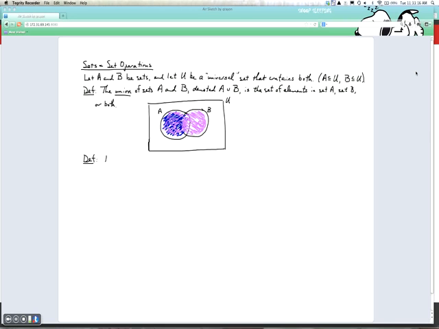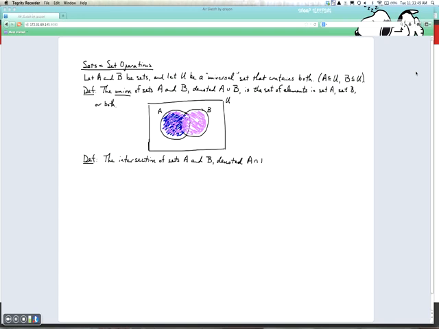Let's add to that, kind of along the same lines, the intersection of sets A and B, denoted, and we use the same symbol, but we turn it upside down.